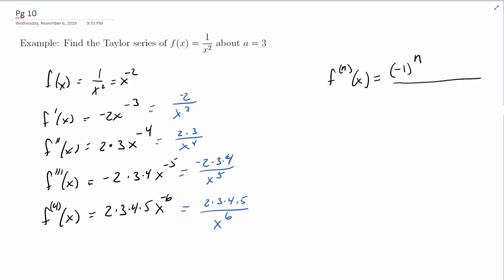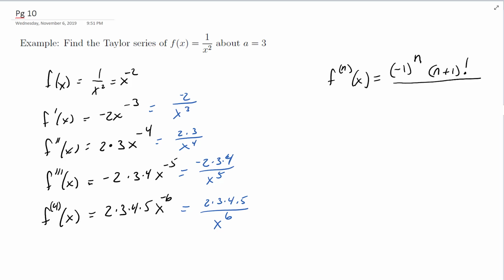I look at the fourth derivative and notice there's a 2, 3, 4, 5. The third derivative had a 2, 3, 4. The second derivative had a 2 and a 3. So this looks like it's an n plus 1 factorial. Now normally a factorial multiplies all the way down to 1. We're missing the times 1, but times 1 doesn't change anything, so that's not a problem.